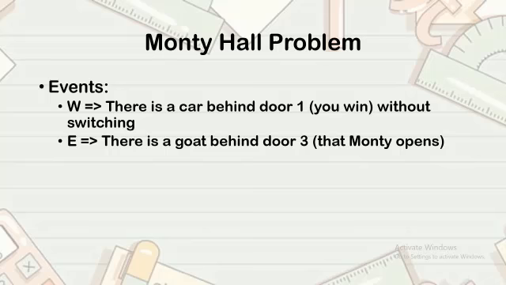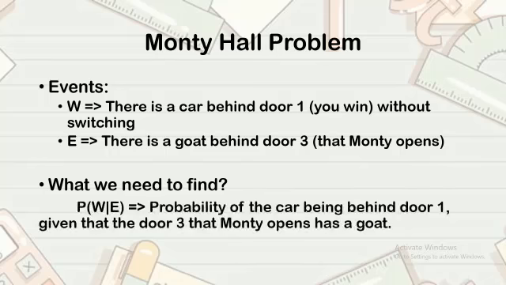What we really need to find over here is the probability of the car being behind door 1 that you initially chose, given that door 3 that Monty opened has a goat.